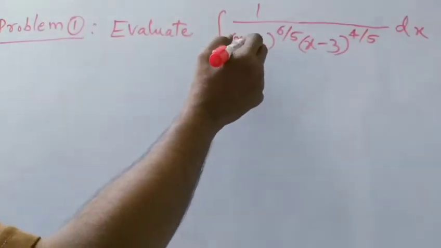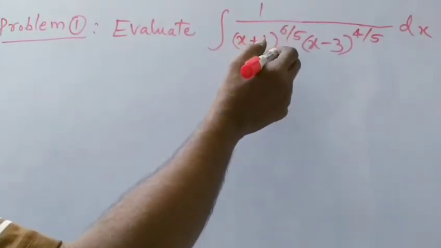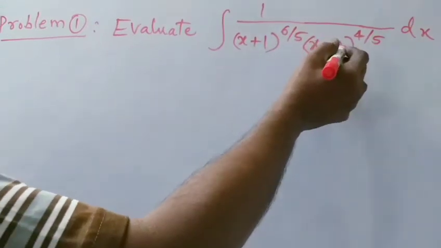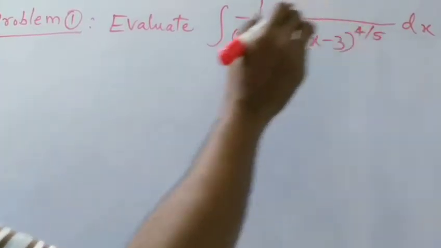Integral of 1 by x plus 1 whole to the power of 6 by 5 into x minus 3 whole to the power of 4 by 5 dx.